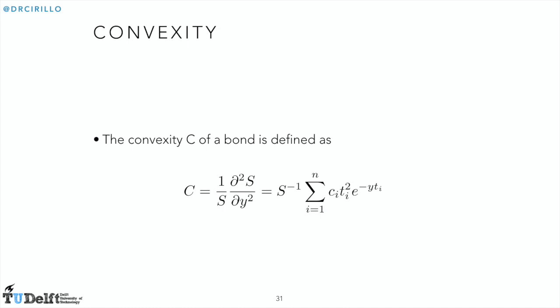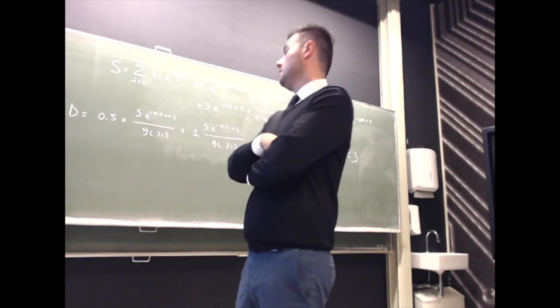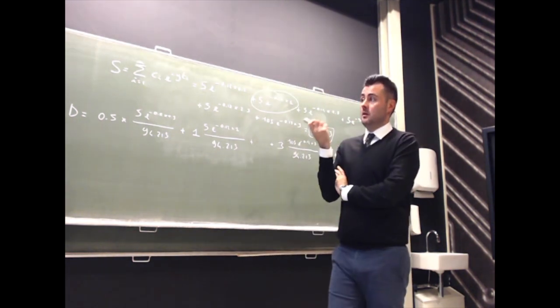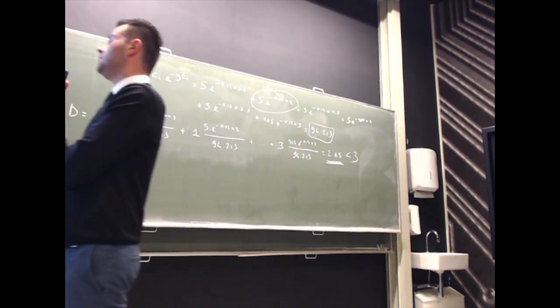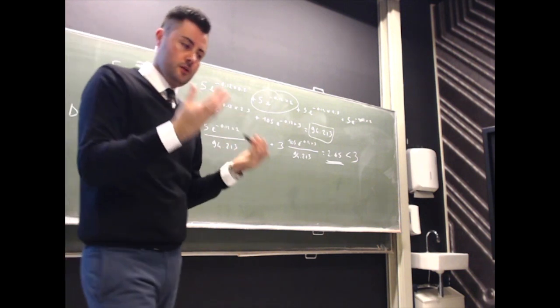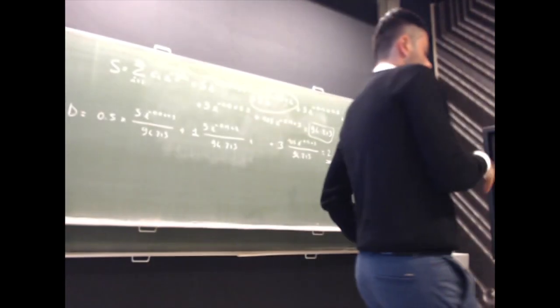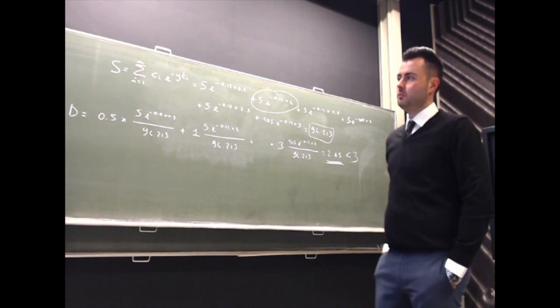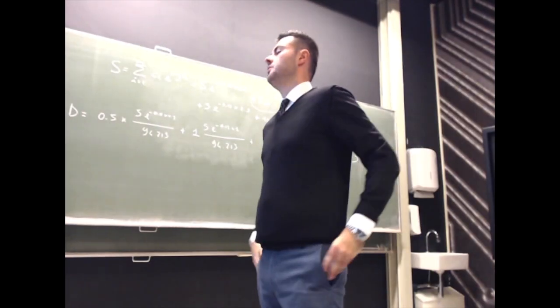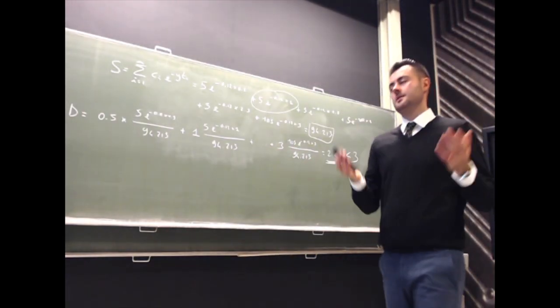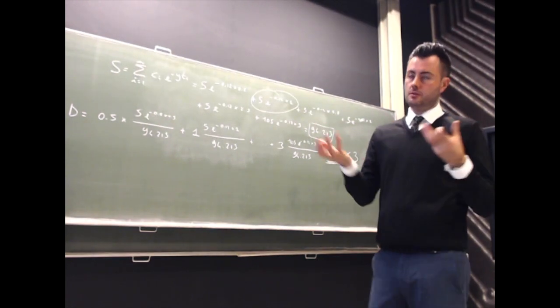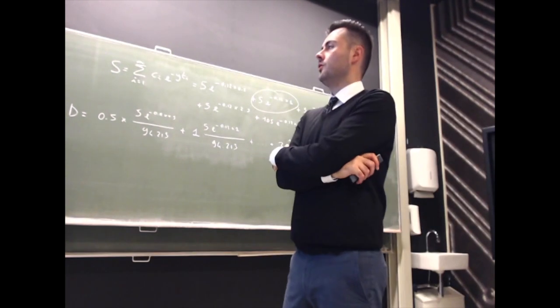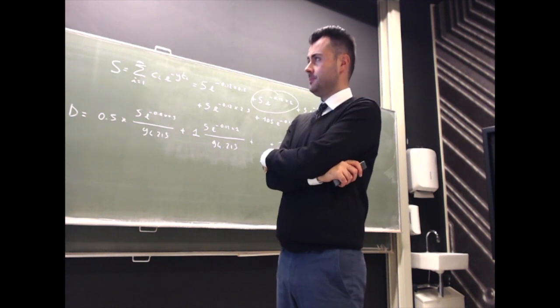Again, if you solve the derivative, this is the formula that you get. Okay? In this situation, convexity is no longer a weighted average, but it's still linked, if you want, to the second moment, but the interpretation is a little bit more subtle, so we just skip it. So it's a measure of the dispersion in your model with respect to interest rates.